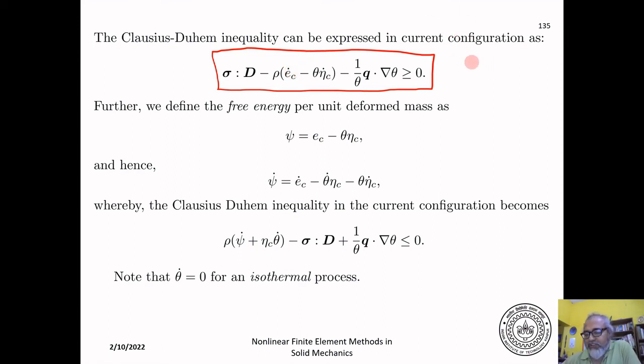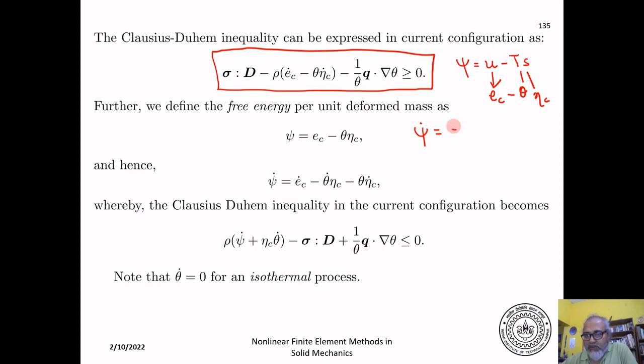In thermodynamics textbooks, free energy is written as internal energy minus Ts. So we are using a different set of symbols here. This we are calling EC, this we are calling theta, this we are calling eta C. So our free energy is EC minus theta eta C. That's the free energy per unit deformed mass. And then I can calculate psi dot.